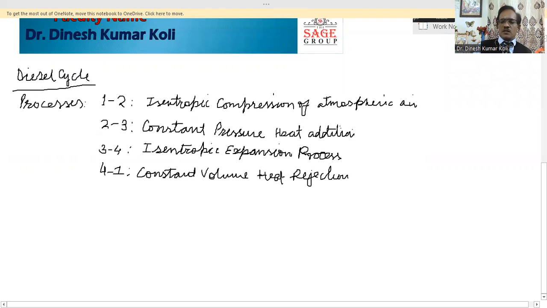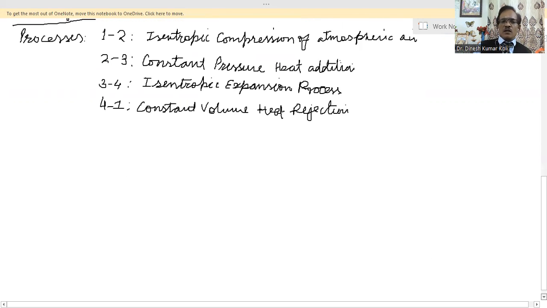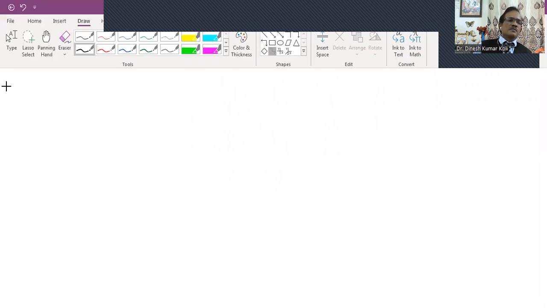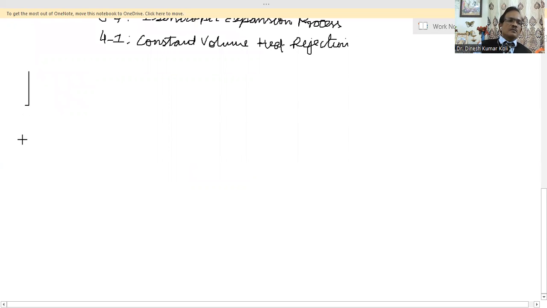Now these processes can be represented in the PV and TS diagrams. First draw the PV diagram, the pressure volume diagram.